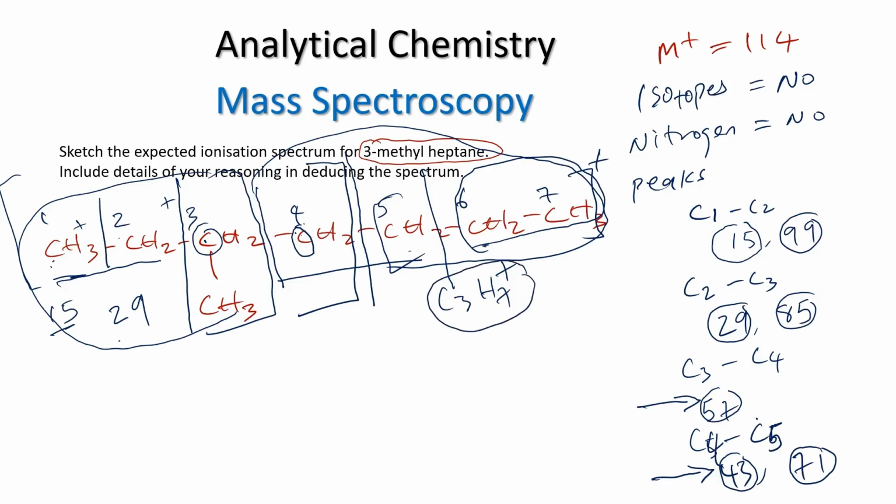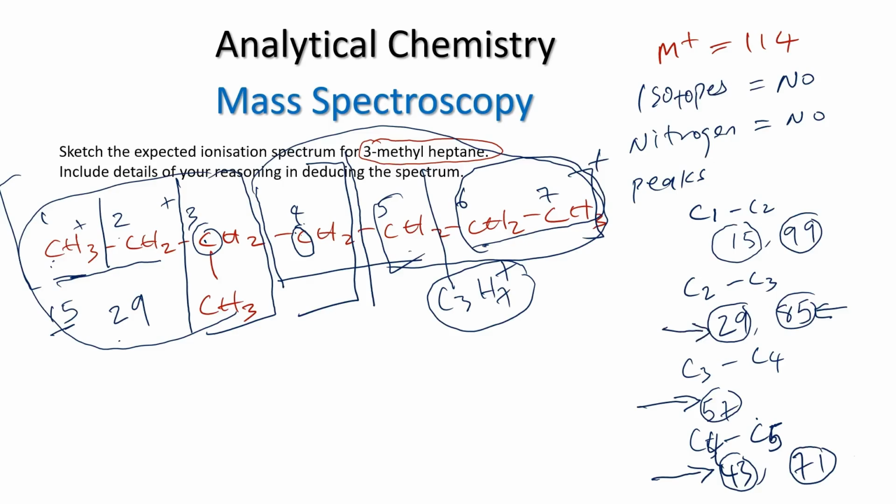This peak is usually the characteristic peak for alkanes due to the fragmentation of the propyl carbocation. Now 85 is a significant peak. 29 is also a significant peak because of the ethyl carbocation. Then 71 is not that prominent, not that significant.